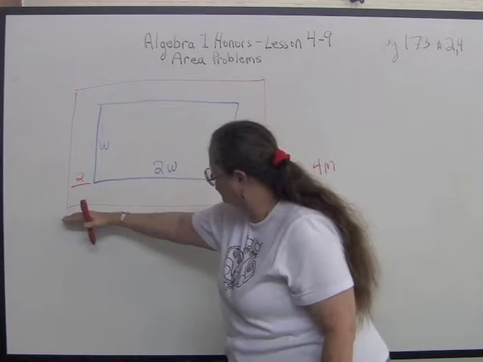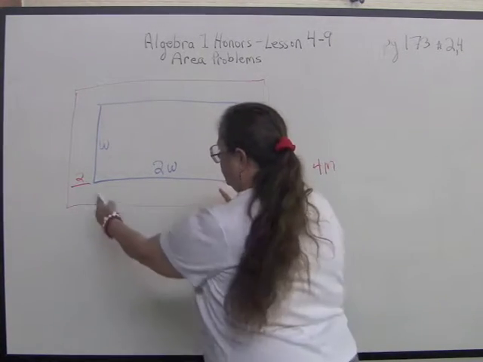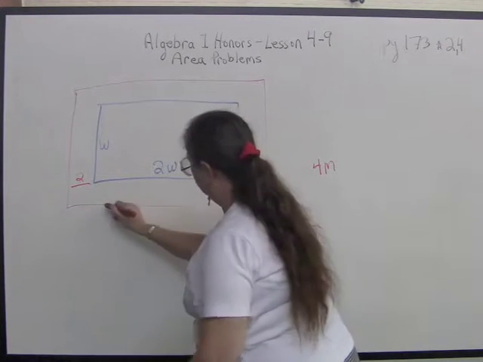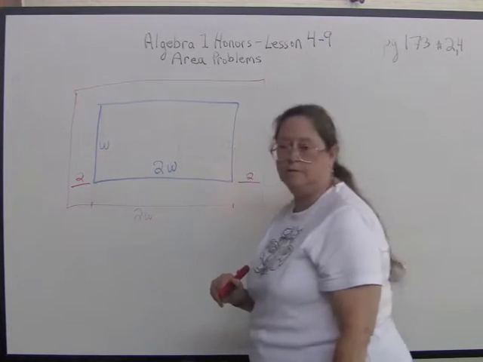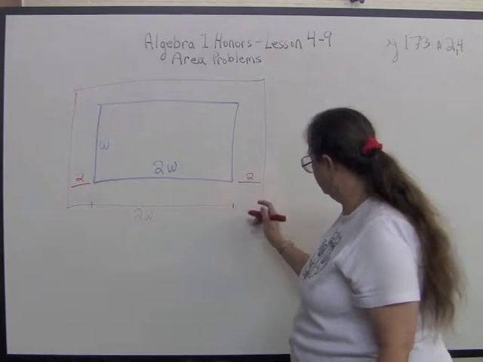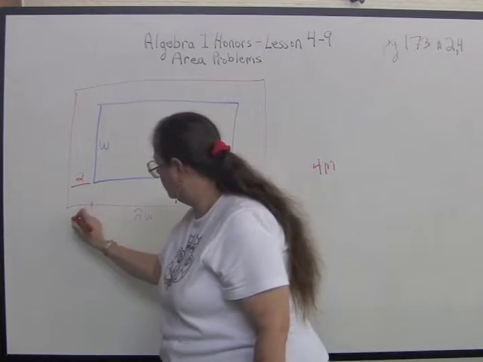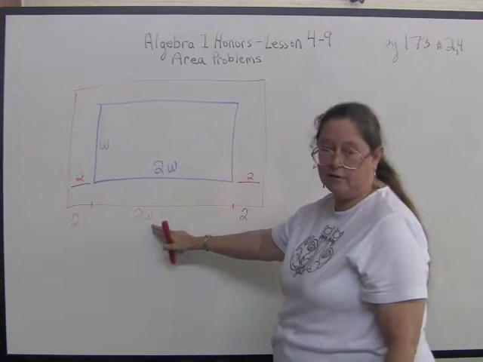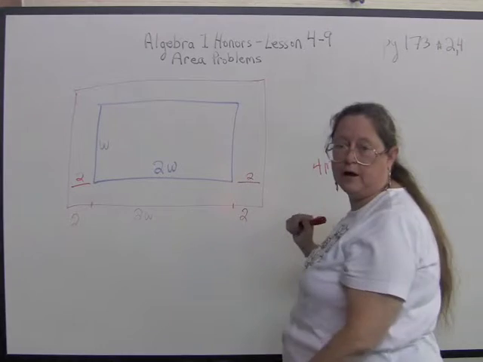So the length of this side down here is going to be from here to here. From here to here is 2W. Okay? And from here to here, this is 2 meters. This is another 2 meters here. So that's increased my length by 4 meters, 2 on each side.